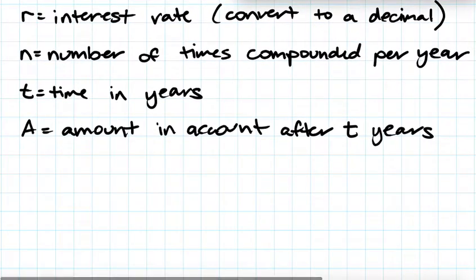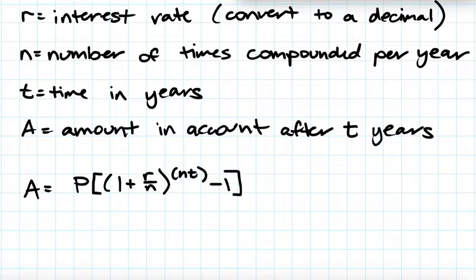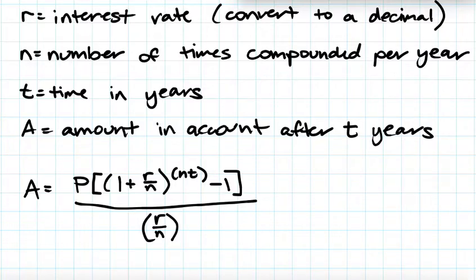And the formula is A equals P, and then you'll see in the book there's a bracket, 1 plus R over N to the NT, and then minus 1, and that's all over R over N. So what I would recommend doing is typing this into your calculator all at once.